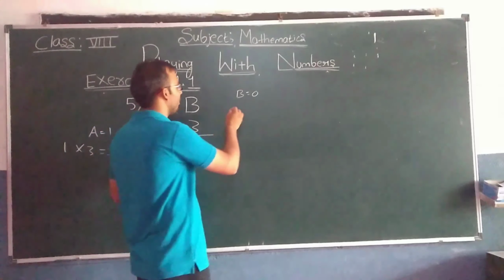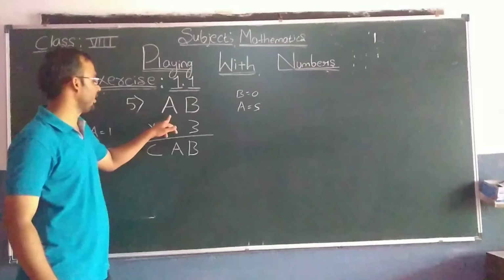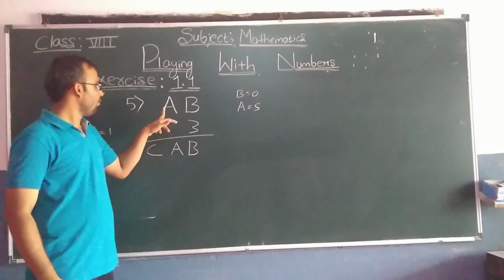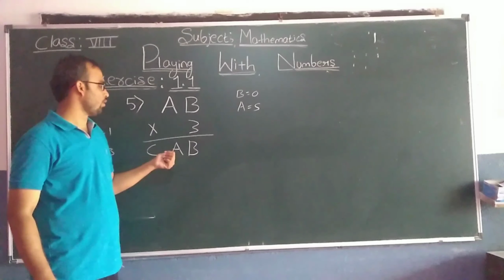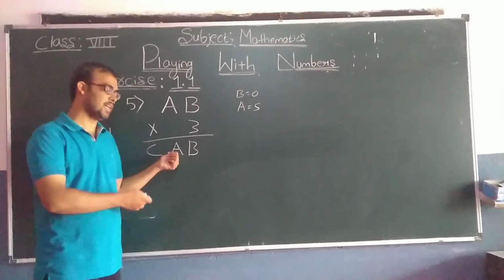If we take a as 1, then 1 into 3 will be 3 only. But we have to get a only. So let us take a as 5. Why? Because 5 threes are 15, so we are getting 5 at 1's place. So we can take the value of a as 5.